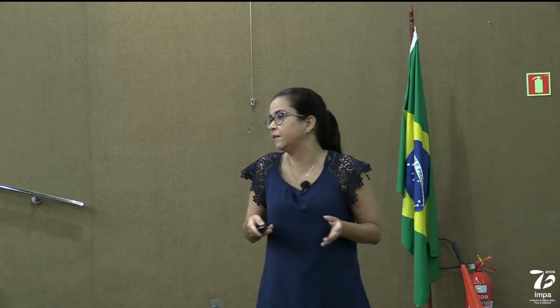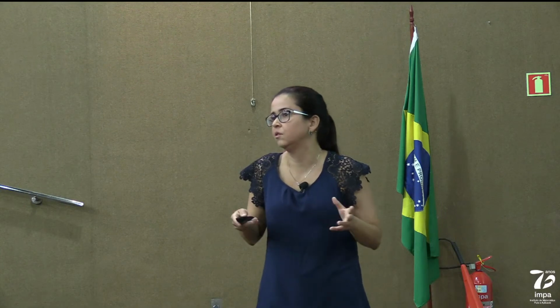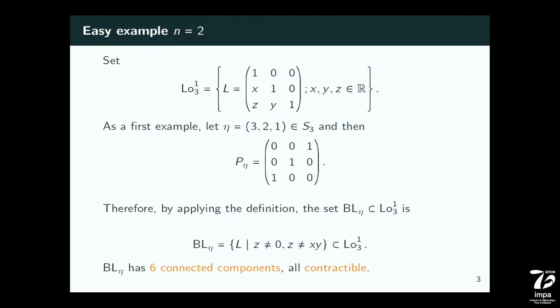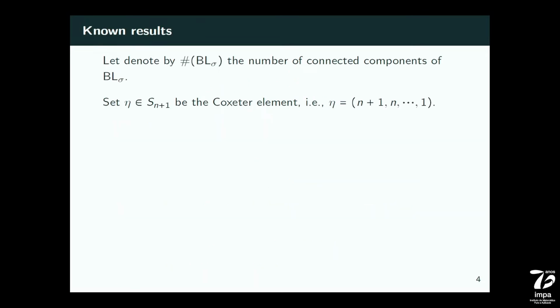You don't need any techniques to see this. But if you take another permutation, things get difficult very quickly. But in fact, if you consider eta, the Coxeter element in S_{n+1}, like that, for any n.